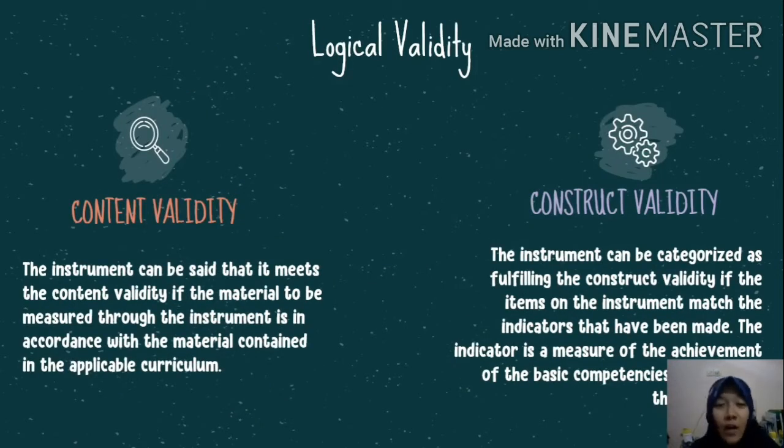Logical validity has two types. The first is content validity and the second is construct validity. The instrument can be said to meet the content validity if the material to be measured through the instrument is in accordance with the material contained in the applicable curriculum.